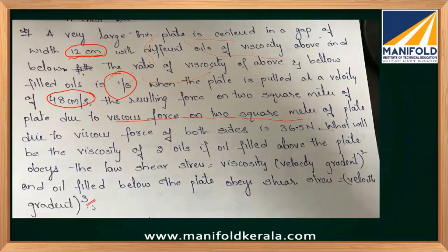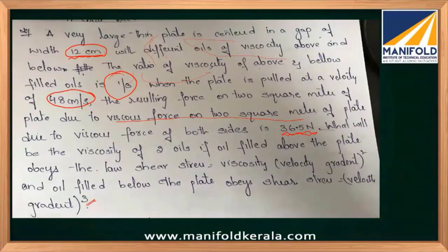The resulting force on 2 square meter, that is area is 2 square meter, of the plate due to viscous force on both sides is 36.5.